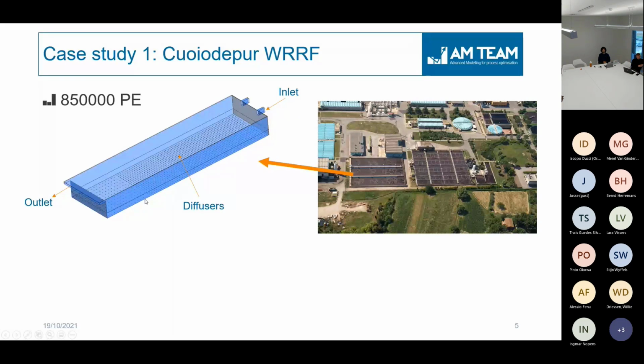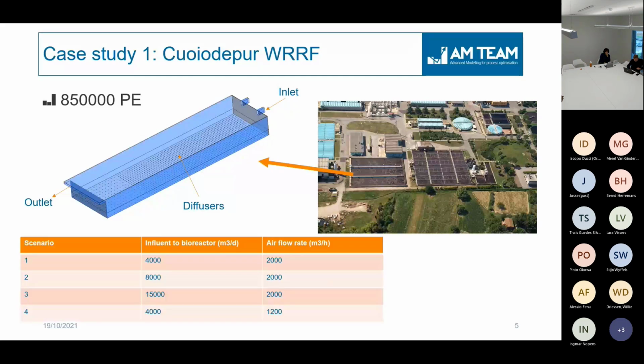Which means there's gas and there are liquids, so two phases are being modeled in the CFD, and on top of that we add the biokinetics. We have tested different operational conditions with varying influent flow rate and air flow rate, to test what happens if you have a reduced or higher flow rate coming into the bioreactor. And at the end we also tested a lower air flow rate scenario.